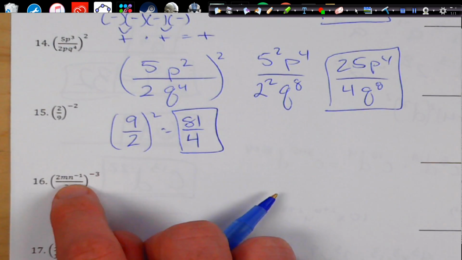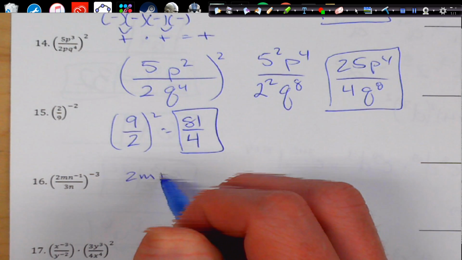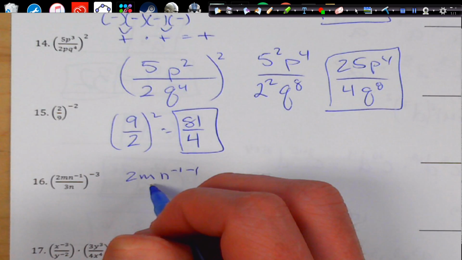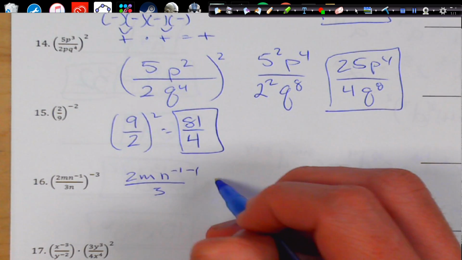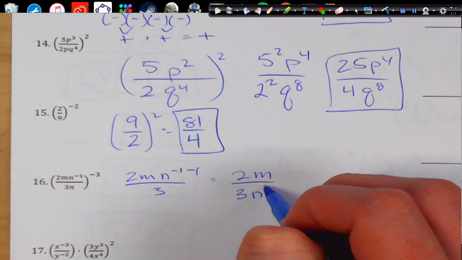Now again, I'm going to reduce here first. This is going to be 2m minus 1, right, over 3. That's going to become negative 2, which is going to move to the bottom, so I get 2m, 3n squared.